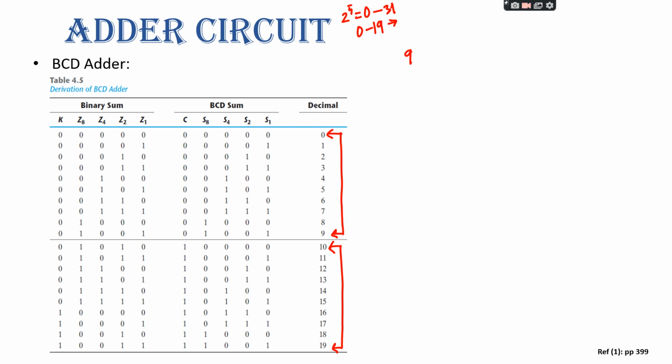So the maximum you can add is 9 plus 9, right? And if you have a carry from the previous bit, the total sum can be 19, right? So you are understanding why they are taking 0 to 19, because the maximum decimal number that can appear is 19.